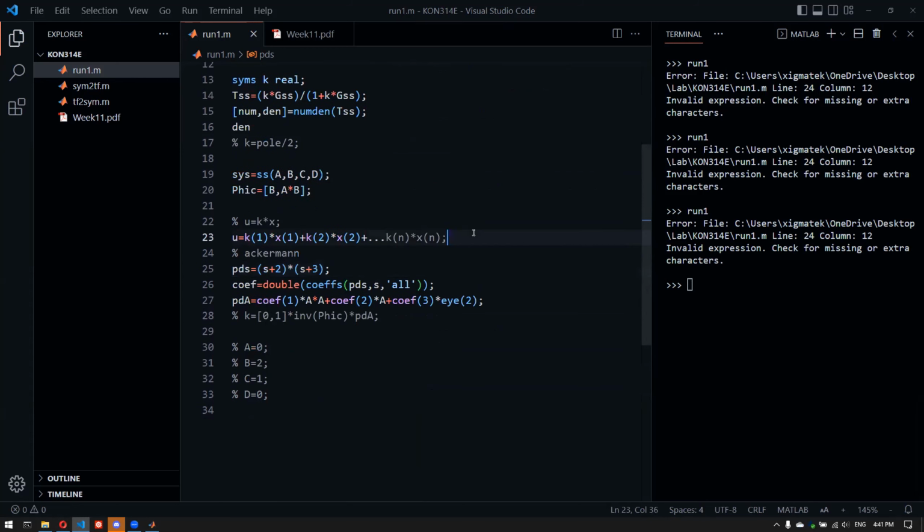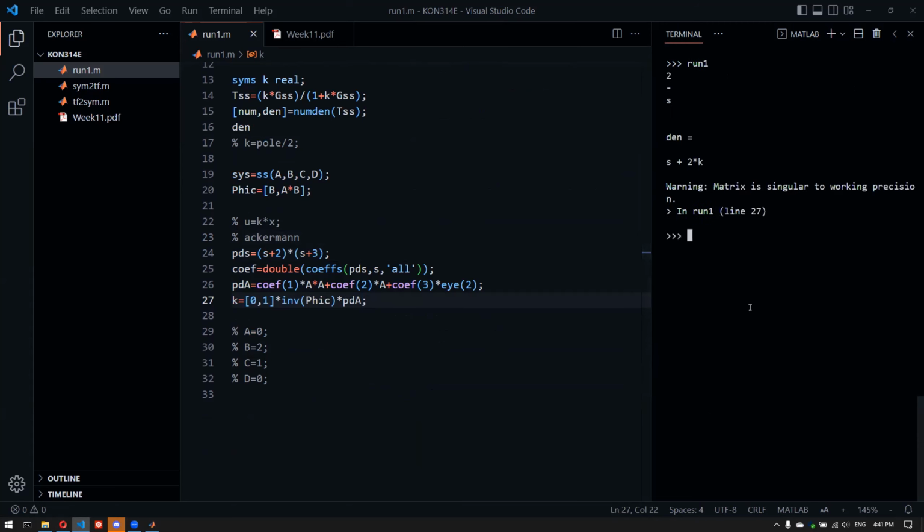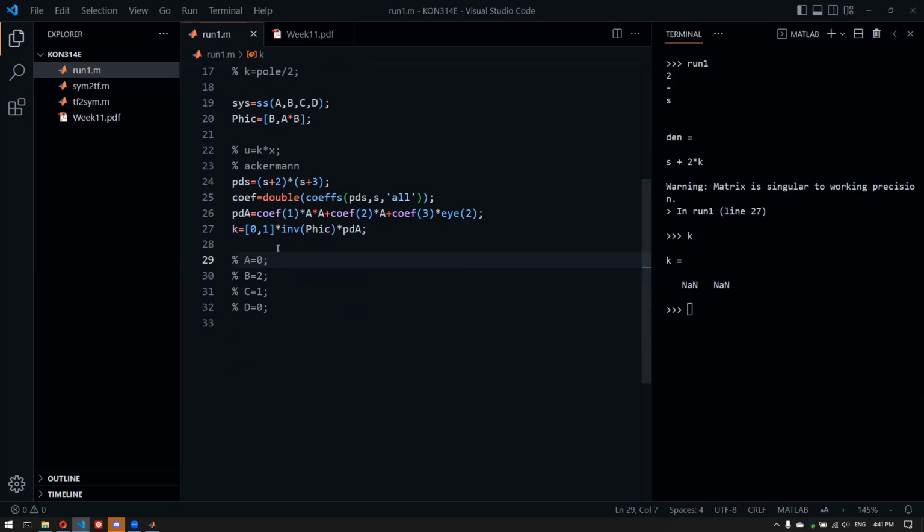What? Oh, of course. Let me get rid of this. So let us open this back. There we go. Now we can see that the matrix is singular. Therefore, it kind of messes up the whole process here.